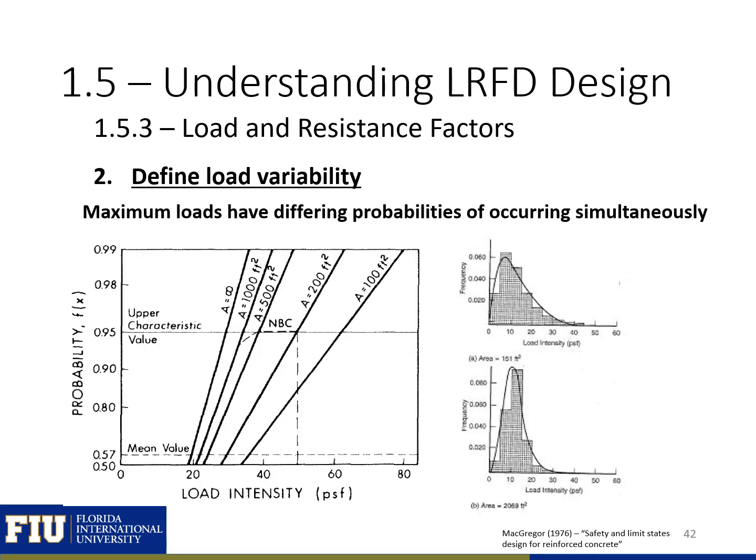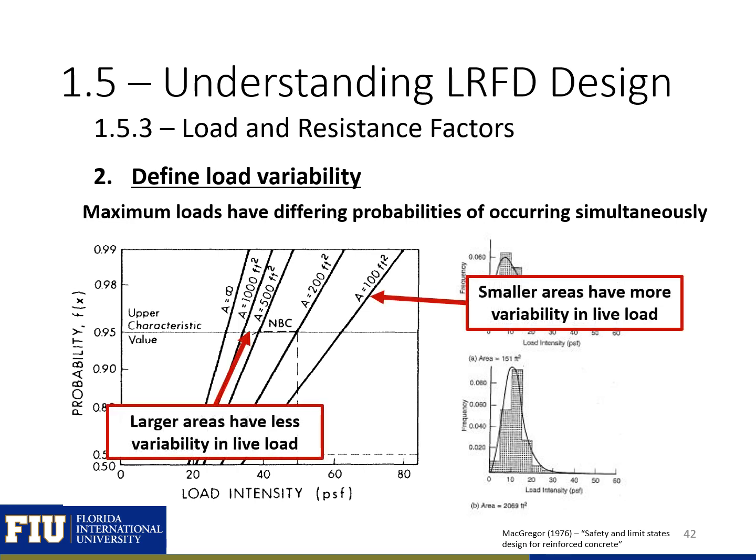We also know that our maximum loads have differing probabilities of occurring simultaneously. So if we have a larger area, there's less variability in our live load than in a smaller area. And this is accounted for by having some live load reduction factors based on area in some codes.